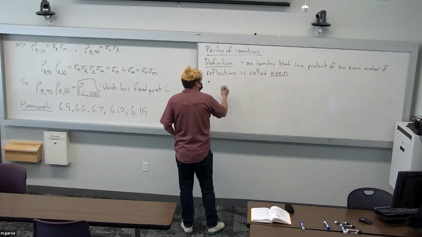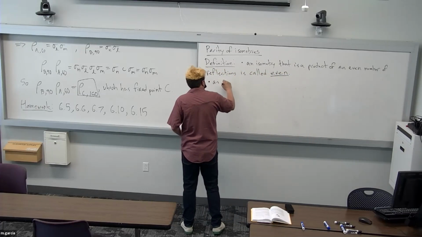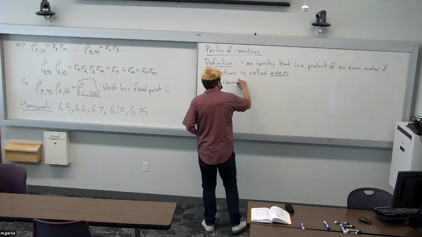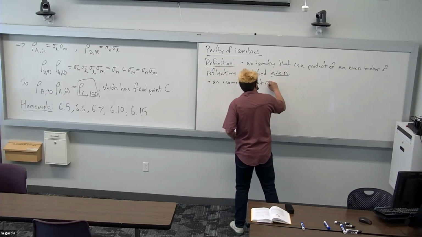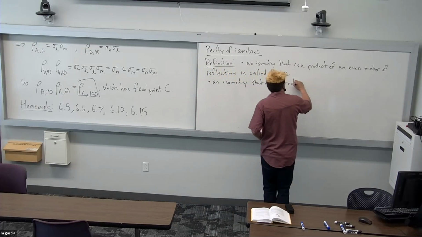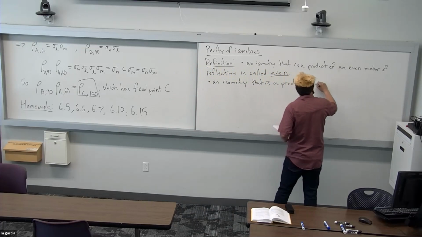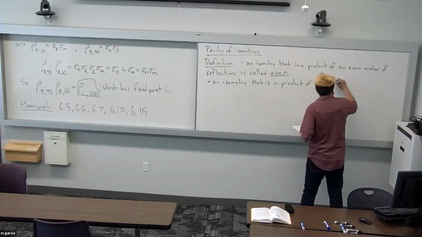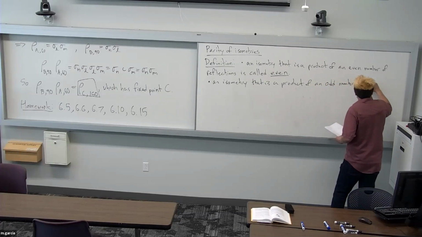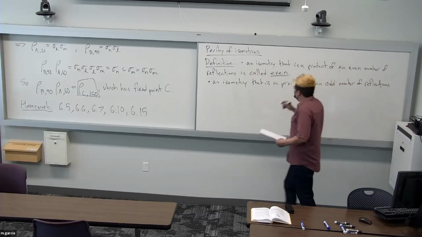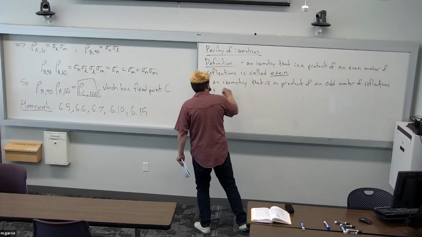So, likewise, an isometry that is a product of an odd number of reflections is odd.